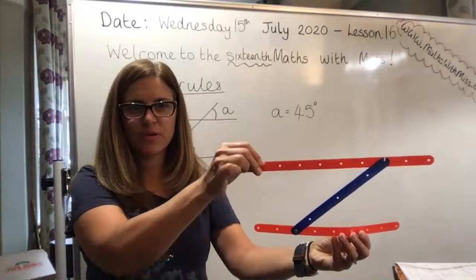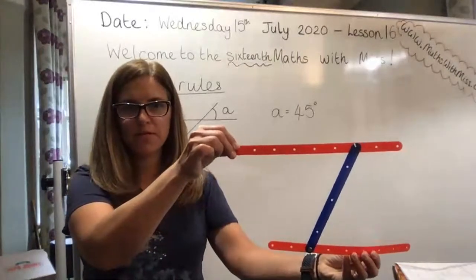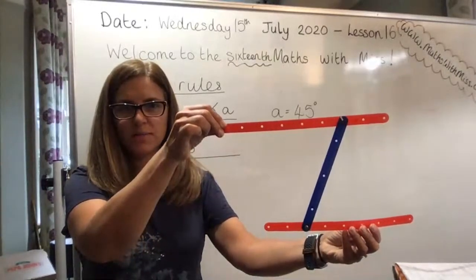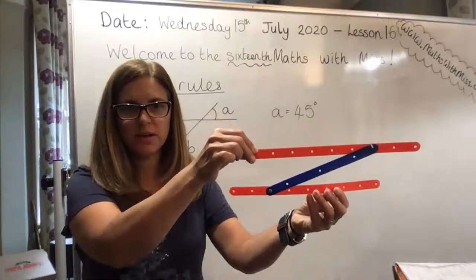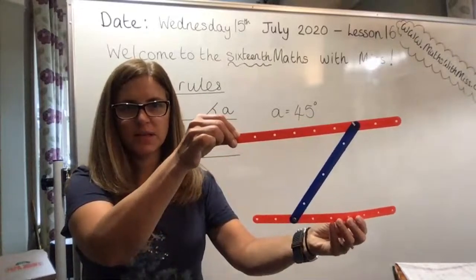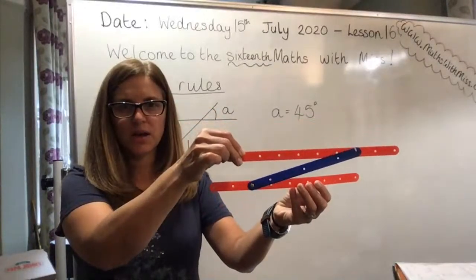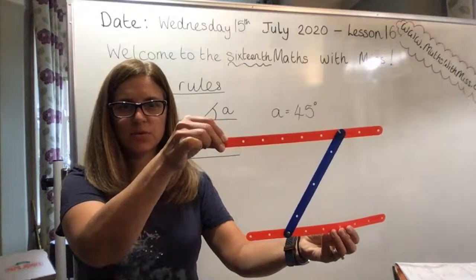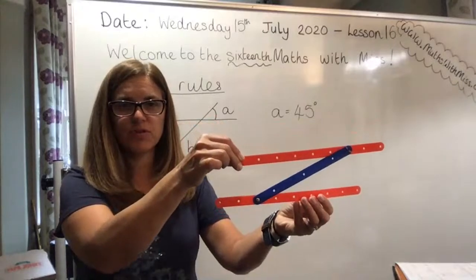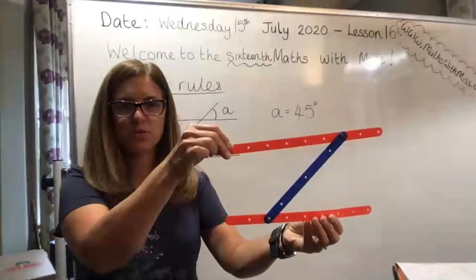I can bring them up. Remember, I've got to try and keep them parallel the whole time. Now, you might be able to see that the 2 acute angles are staying the same, and the 2 obtuse angles, the angles greater than 90 degrees, are also staying the same.